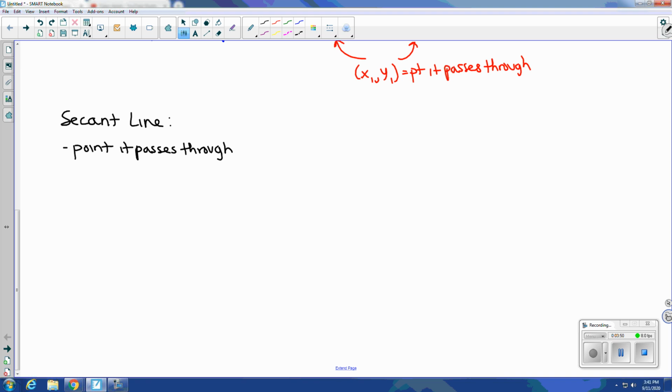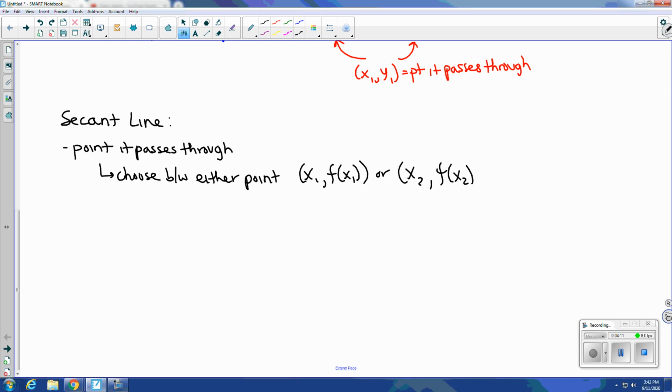And you can choose between either point. Either point x1, f of x1, or x2, f of x2. It doesn't matter which one you choose.